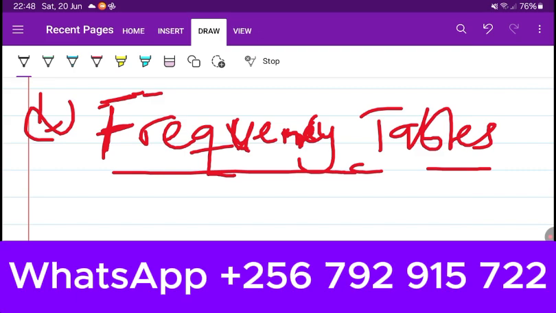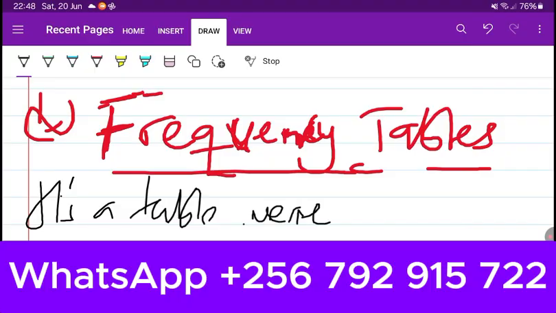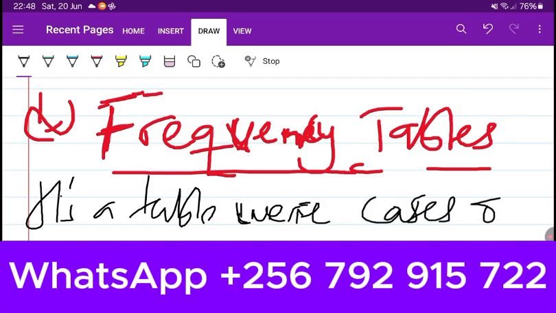So here, the best definition we can say is that it is a table where cases of one variable appear more than one time.